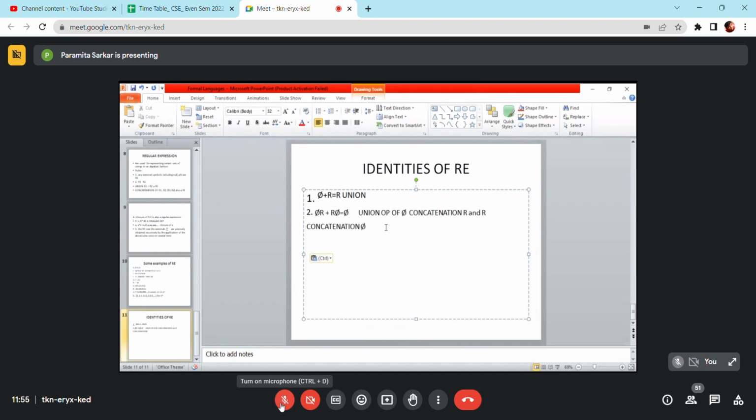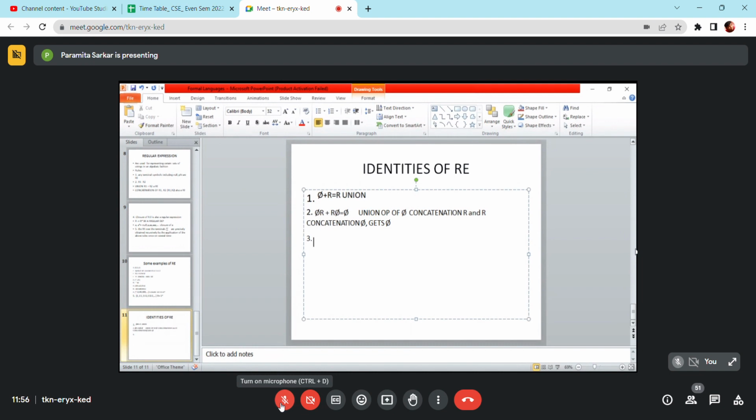Okay, gates and phi. So these identities you must remember, because we have to apply these identities to prove some regular expression.